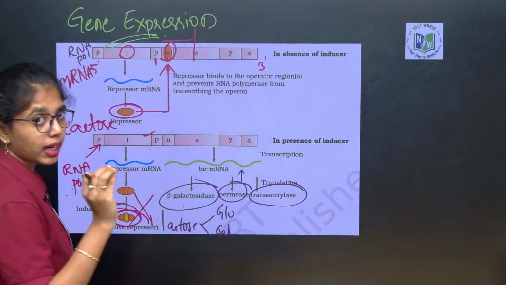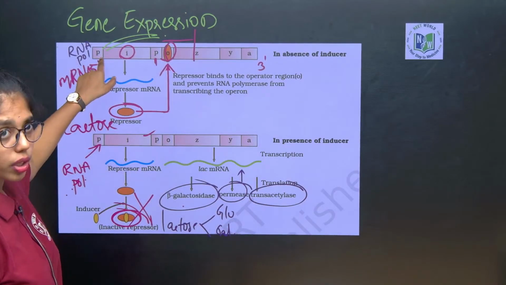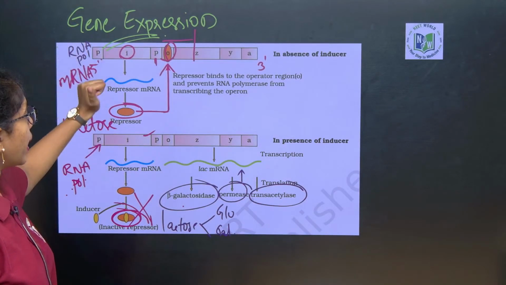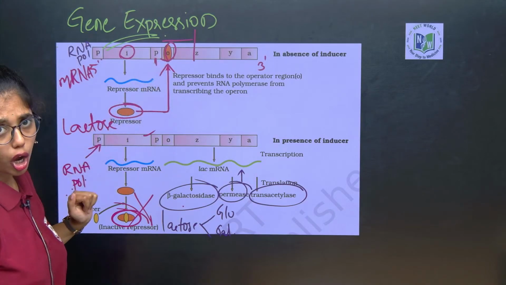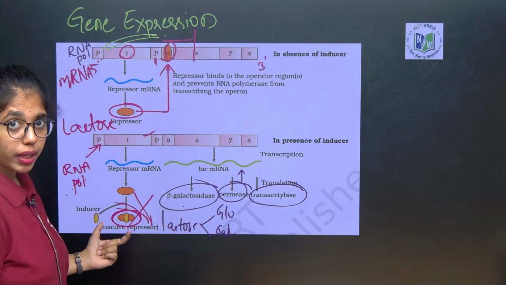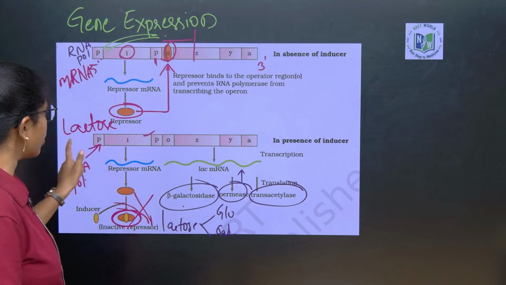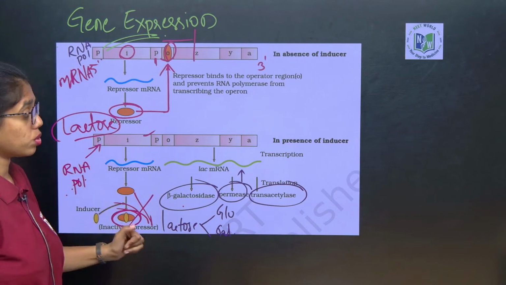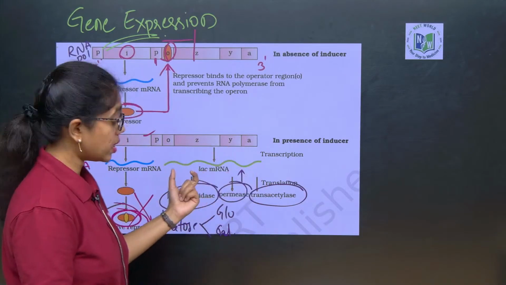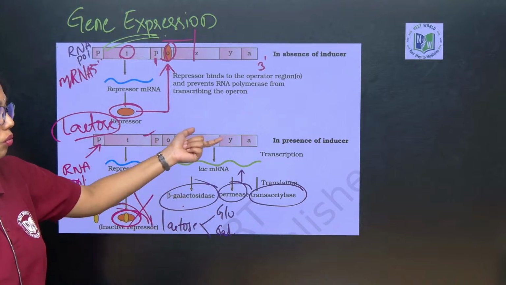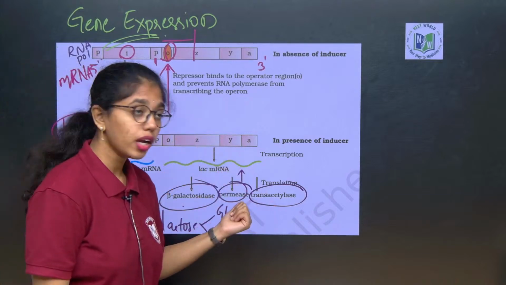Remember only one gunshot thing, that is to the promoter region, RNA polymerase will bind, the I gene will synthesize the repressor that binds to the operator region. Repressor will be inactivated by the inducer, inducer here is lactose, and it has 3 structural genes, that is ZYA, Z codes for beta galactosidase, Y for permease and A for transacetylase.